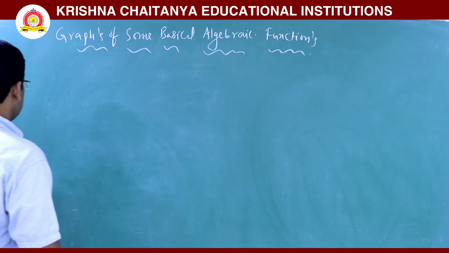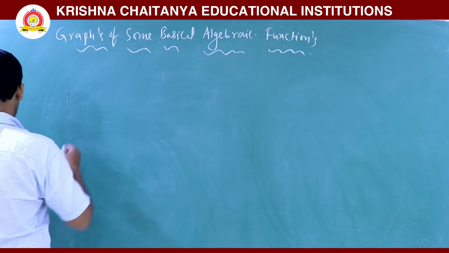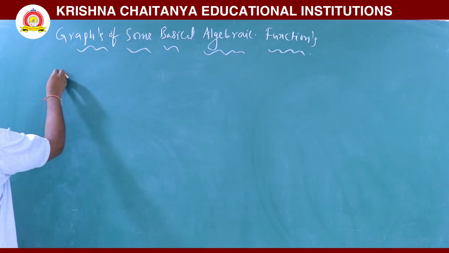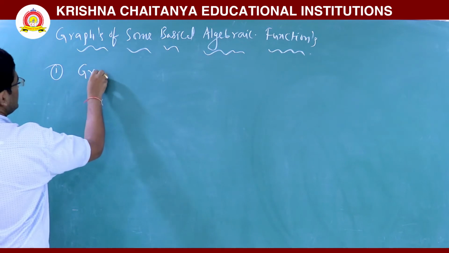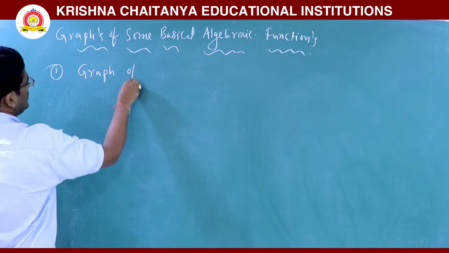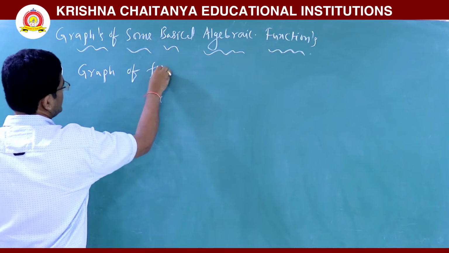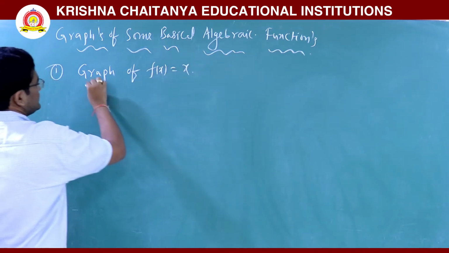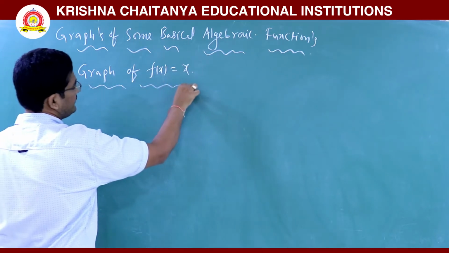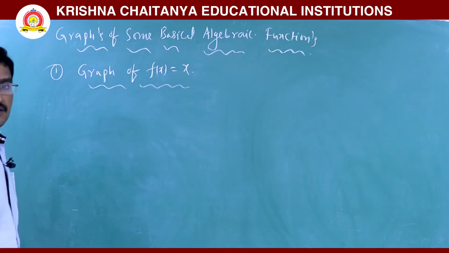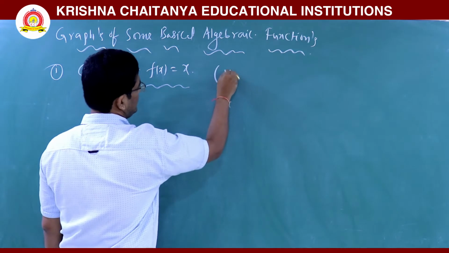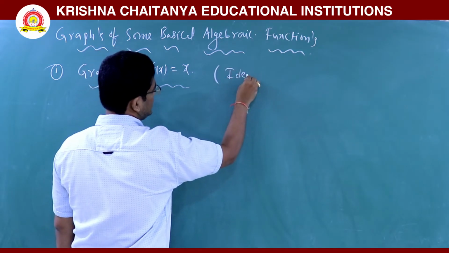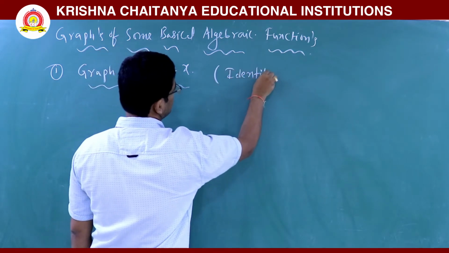Among those, let me explain the first graph, the graph of f of x equals x, which is called an identity function.